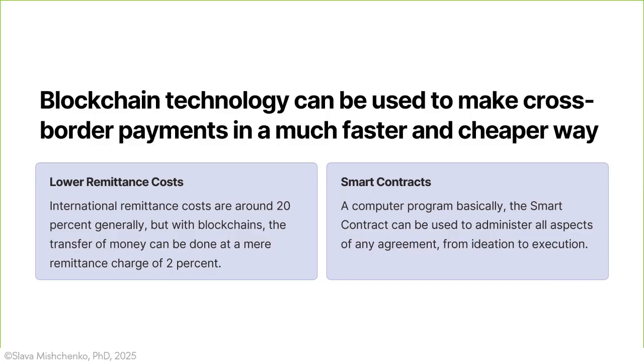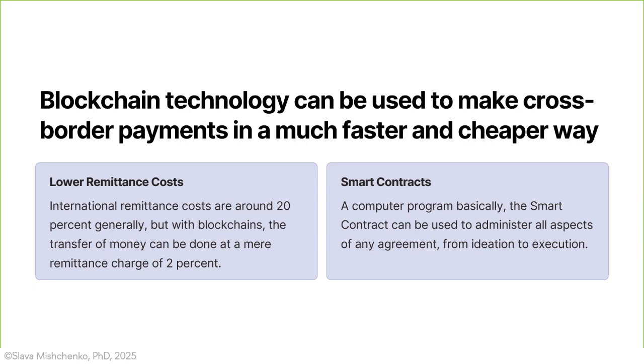I want to particularly emphasize the role of smart contracts in this transformation, because these aren't just simple programs. They are sophisticated tools that can handle every aspect of any agreement. From my experience working with financial institutions implementing smart contracts, I can tell you that they are revolutionizing how we think about automated transactions.